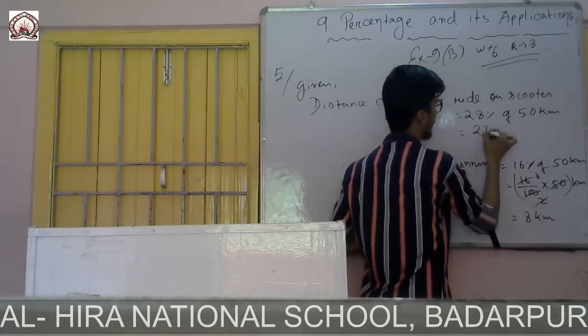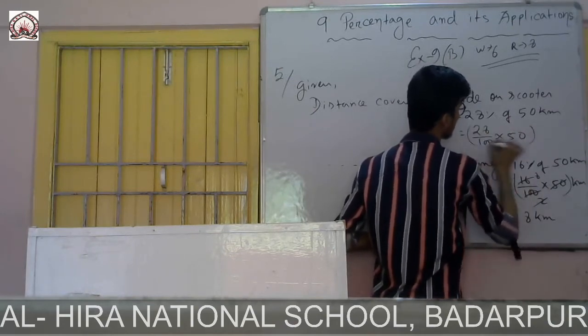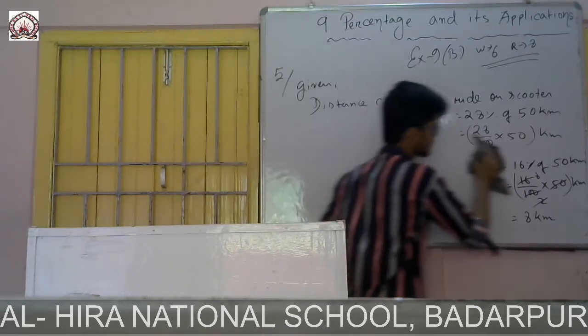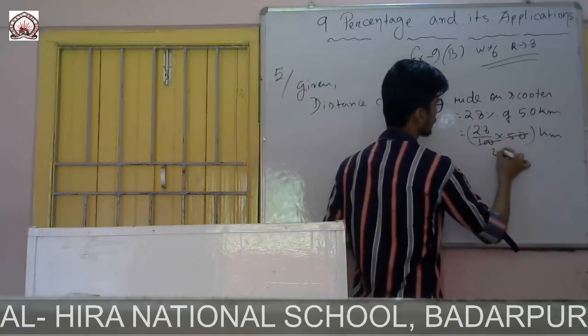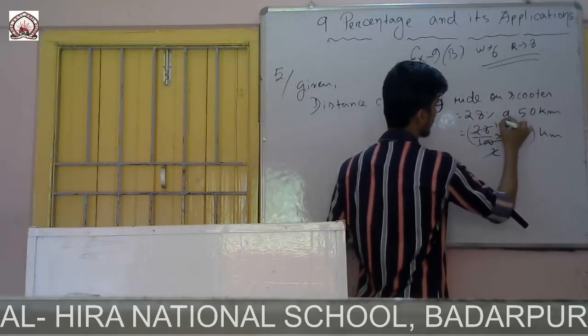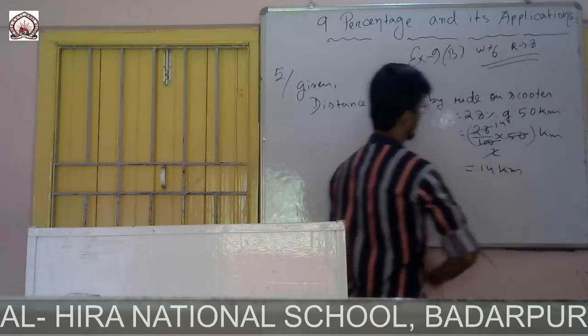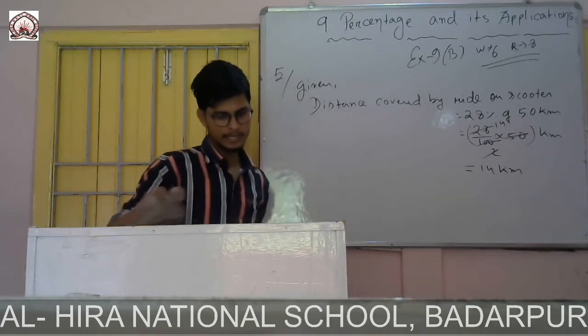So simple, I will find 28 by 100 into 50, unit is kilometer. Like earlier, 5 2s are 10 and 2 14s are 28, so the answer is 14 kilometers. The distance covered by ride on scooter is equal to 14 kilometers.